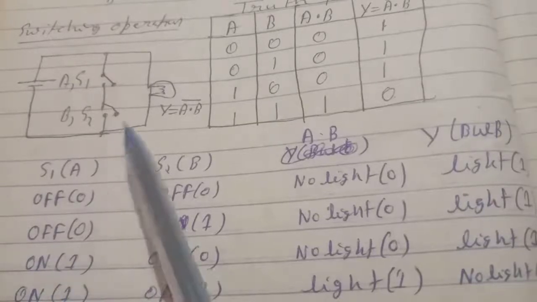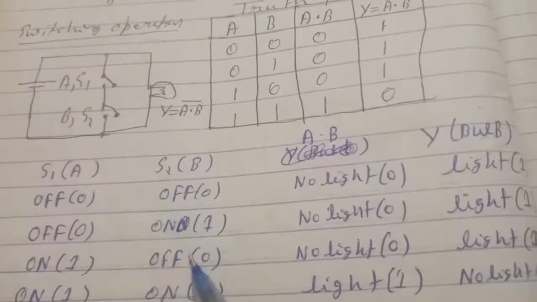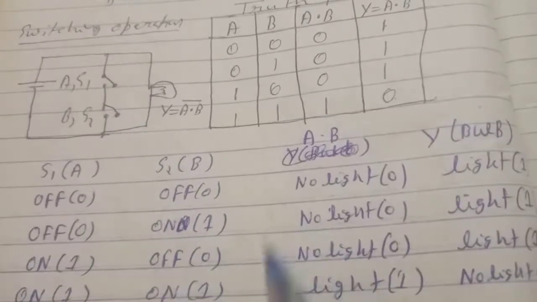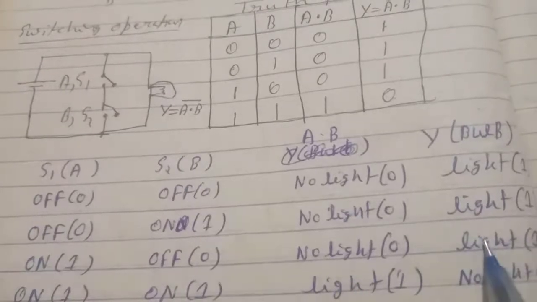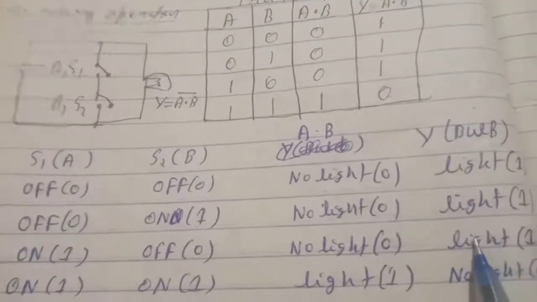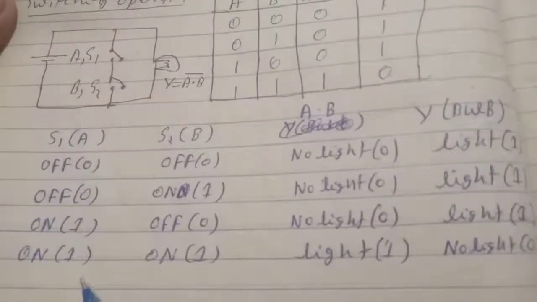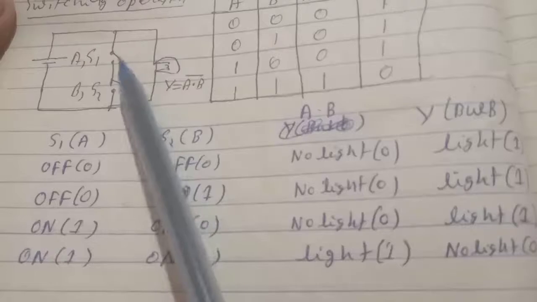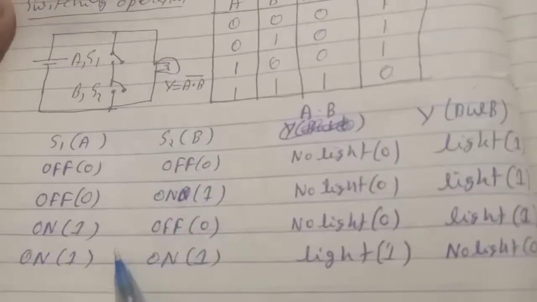S1 is on and S2 is off. Again we get no light, A dot B equal to no light, so here the output of NAND gate will be light, that is 1. Then both switches are on, like this, both switches are now on.